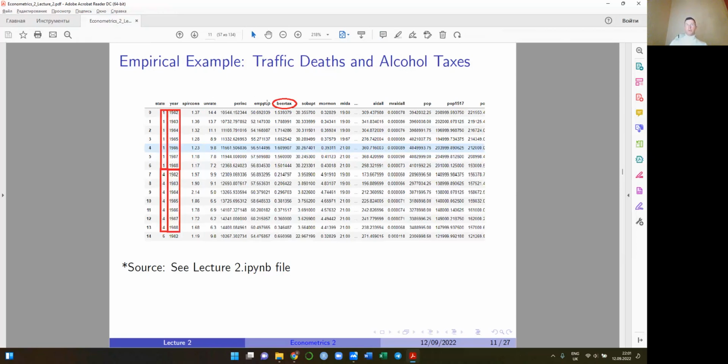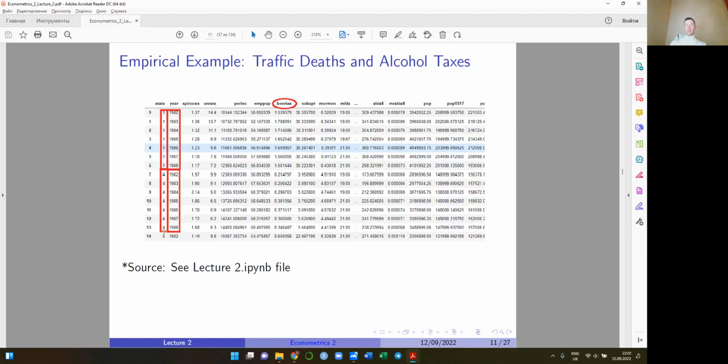For example, we have employment, we have beer tax, which is one of the variables we are going to use for our empirical example, we have the unemployment rate, we have the spirit consumption, and some other relevant variables. When we collect the data on all years for one entity, we move to the other entity.